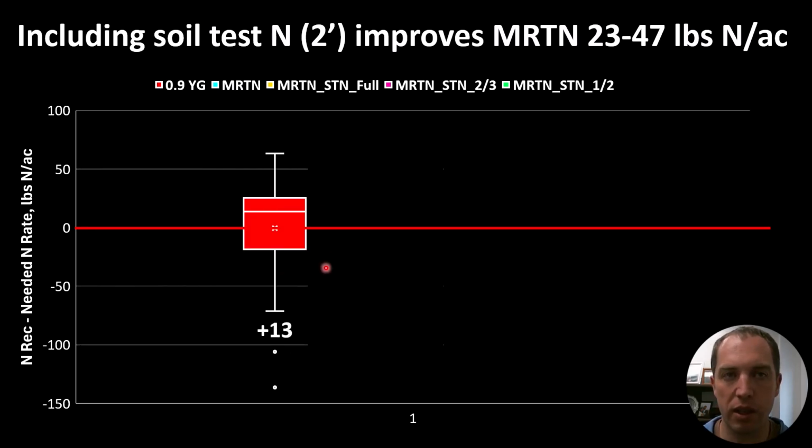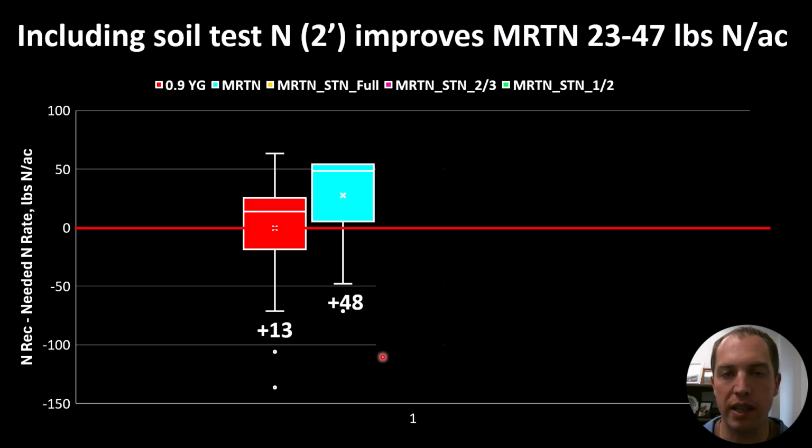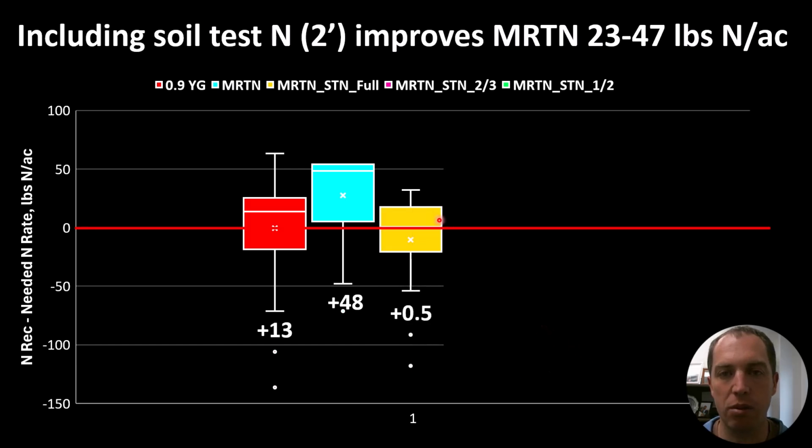We look at our 0.9, which we've already seen, and our MRTN full. Now we're subtracting from that MRTN the amount of nitrogen that's in the top 2 feet of our soil. And once we do this, we see we've gone down dramatically on average from plus 48 to only plus 0.5, showing that this is actually quite accurate and very similar to our yield goal system. So both the MRTN and yield goal system, when we subtract the full amount of soil test N in that top 2 feet, work really well.